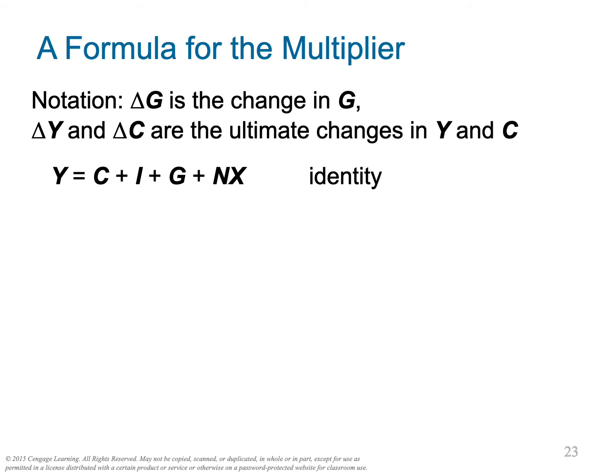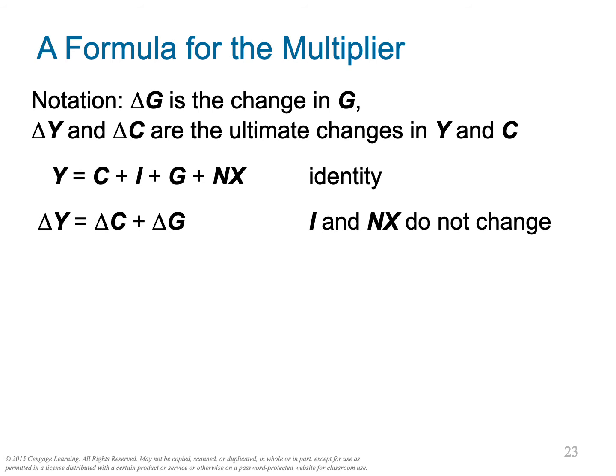We're also going to need our GDP equation. And in this case, we are assuming that investment and net exports don't change, so that any change in GDP is only coming from either a change in consumption or a change in government spending.